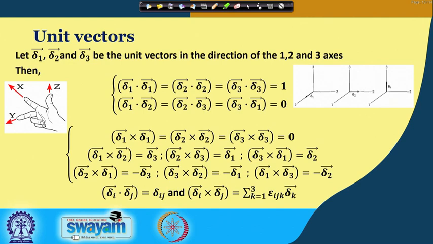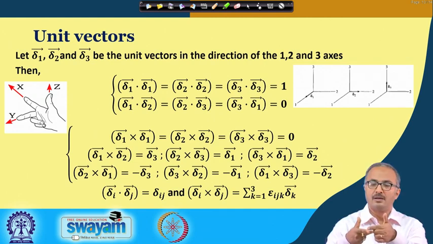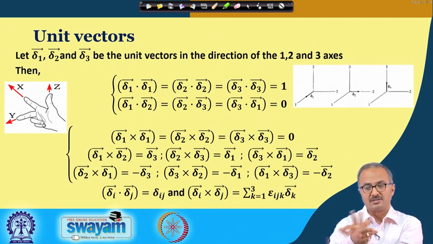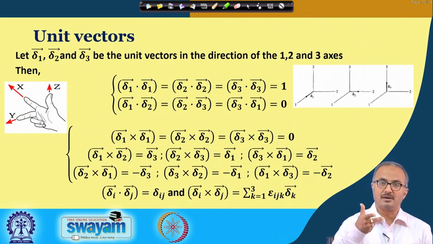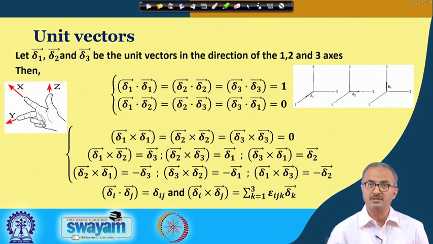If you go z to x, we will get y. So if we alter these, that means if you go from x to z, we shall get minus y. If you go from z to y, we shall get minus x, and if you go from y to x, we shall get minus z on the downward side. That is how we apply the right hand thumb rule to find the cross product.